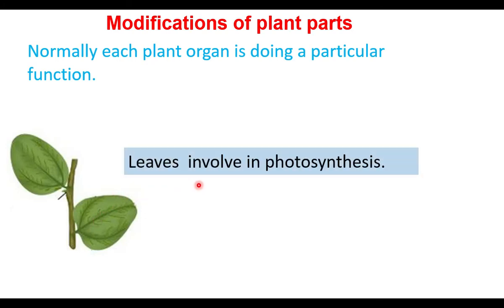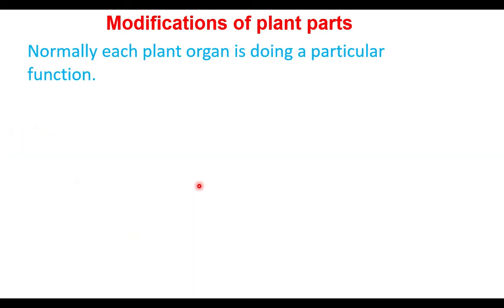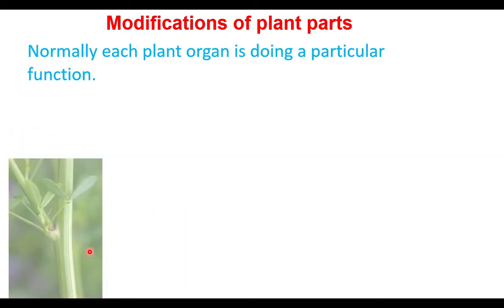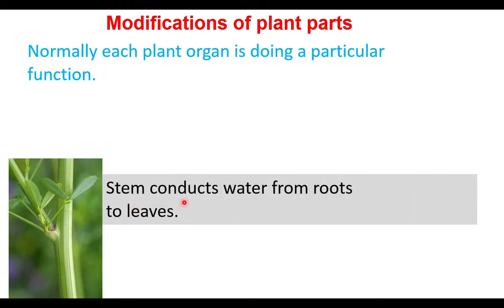Leaves prepare food by the process of photosynthesis. This is the normal function. Then what is the function of the stem? The stem transports water absorbed by the roots to leaves and other parts. Stem conducts water from roots to leaves. These are normal functions.